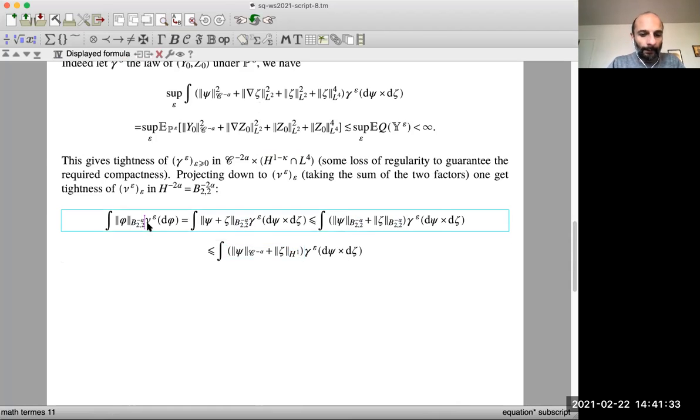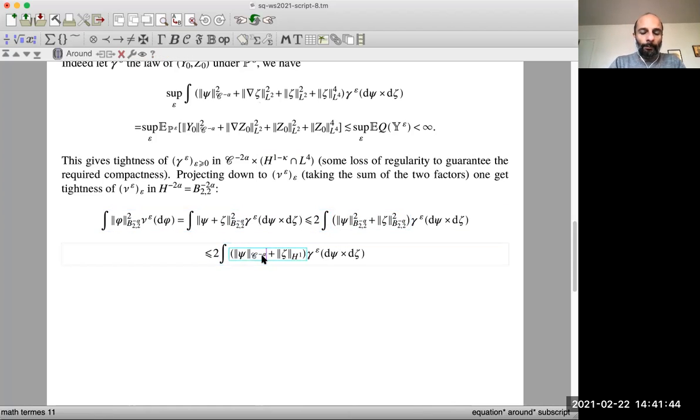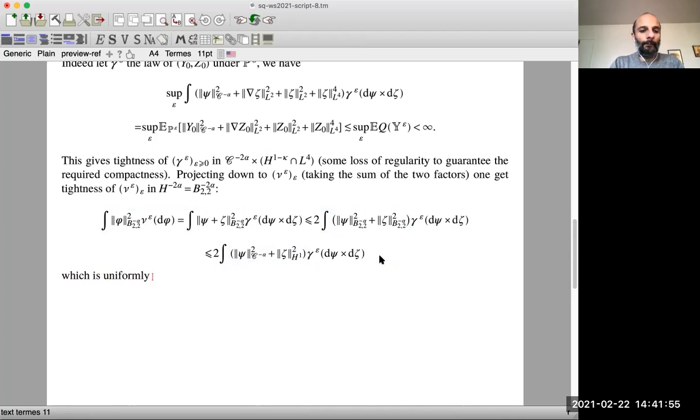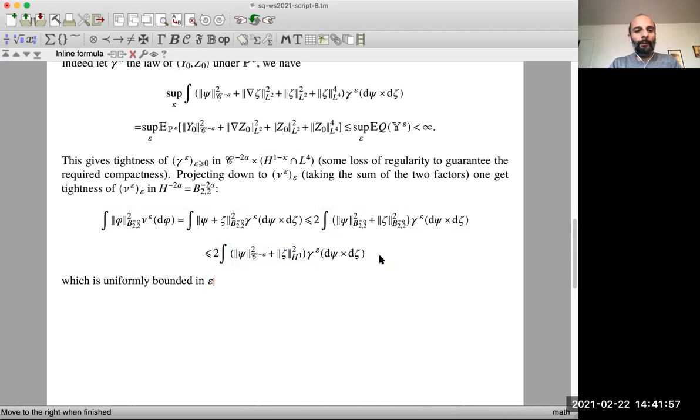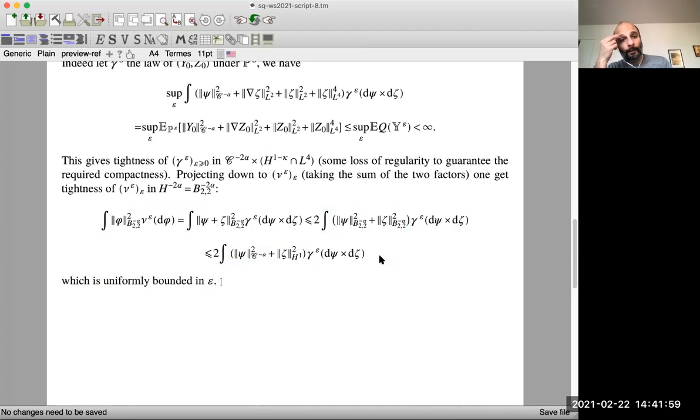And actually, let's take this. The power is not very important here. I could go with just power 1, but just to be consistent with what I wrote. Okay, so you have this, and this is uniformly bounded, uniform in epsilon. So this gives tightness in this space.